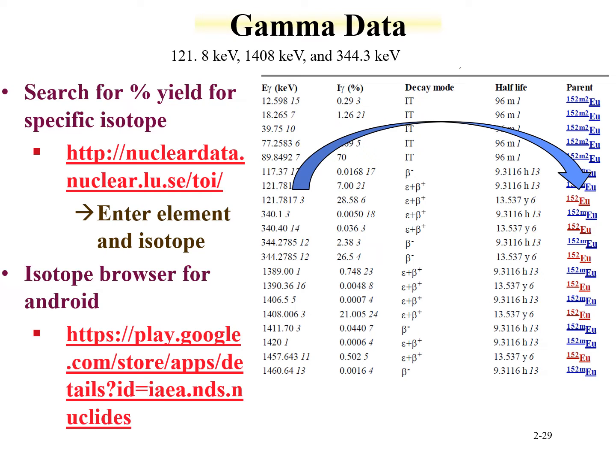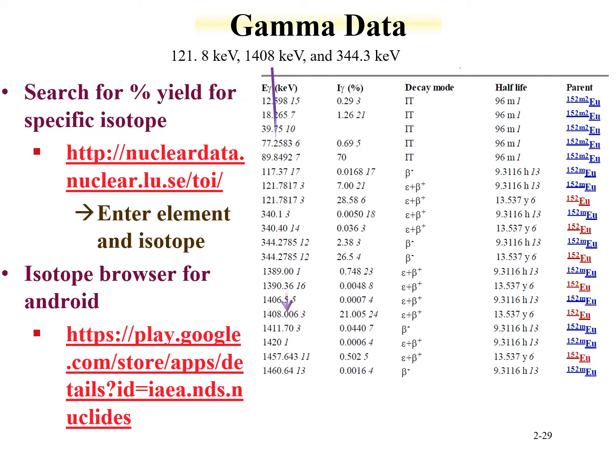So we're interested in europium-152 from the ground state, so make sure you select the ground state data, which is here. And as you can see, that percentage is 28.58%. So 28.58% of the time, when europium-152 decays, you'll see a gamma at 121.8 keV.